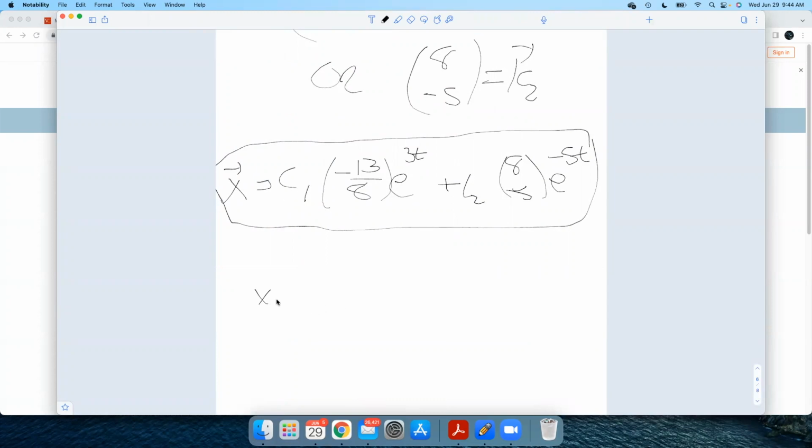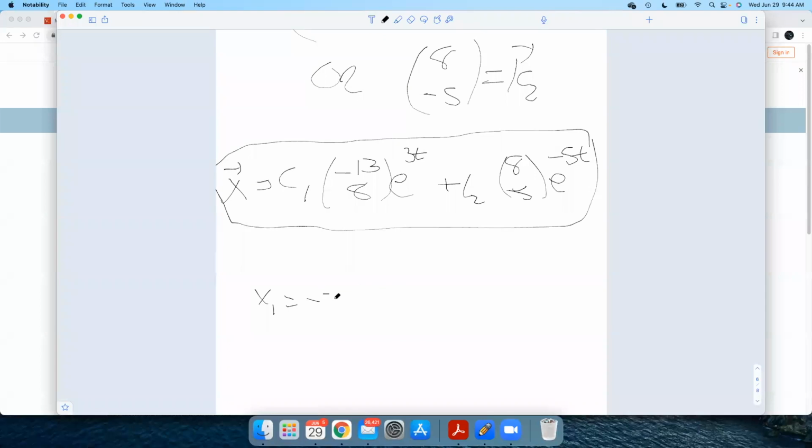Let's write out each variable first. X1 will be just going across the top. That is not a fraction. I have a habit of making my eigenvectors fractions. That eigenvector is not a fraction. That's a 2 by 1 matrix. Okay, so we go across the top for x1.